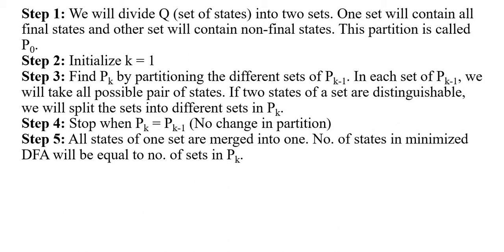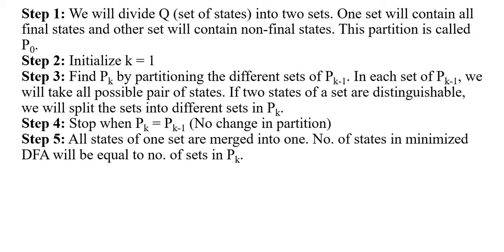In the first step, we will divide Q, your set of states, into two sets. How do you divide your states? One set will contain all final states and the other set will contain non-final states. This partition is called P0.